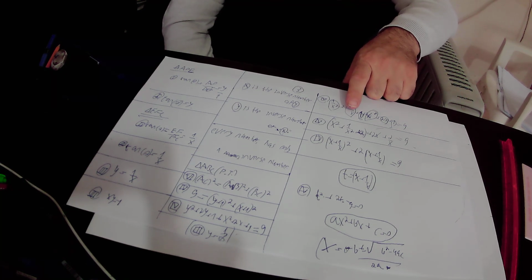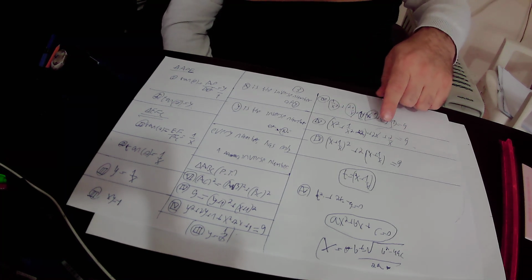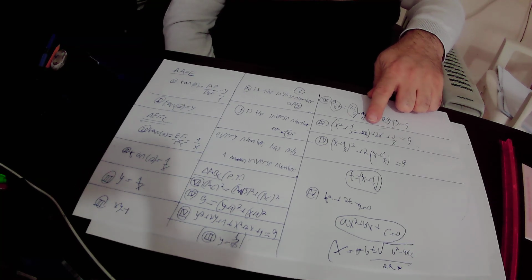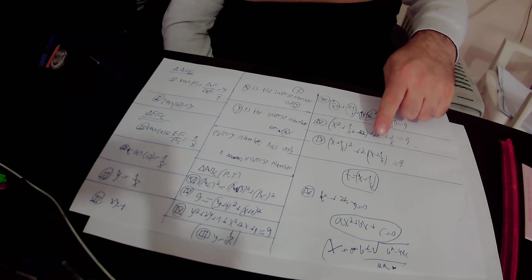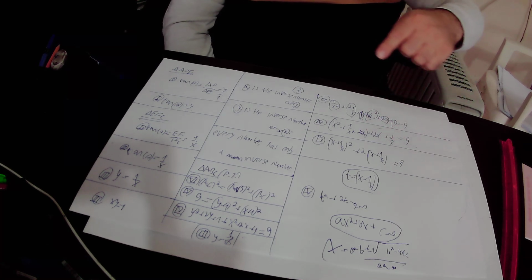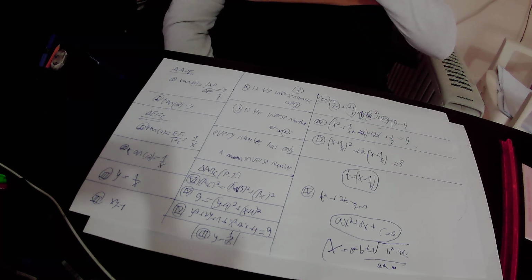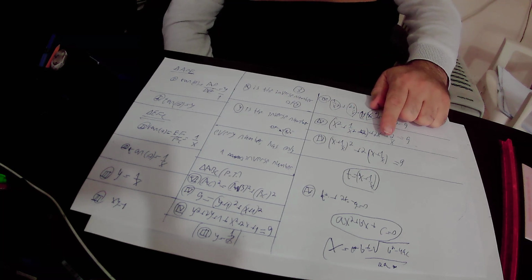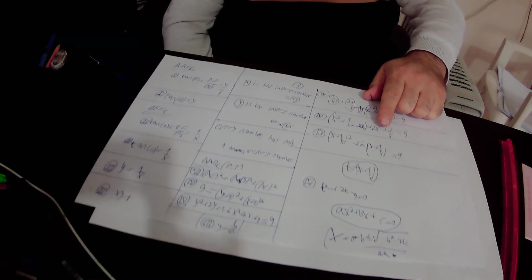The expression inside the brackets is (X plus 1 over X) squared, and here we took 2 as a common factor out of these two expressions, and we got inside the brackets X plus 1 over X, that equals 9. So in conclusion, according to equation number 4, (X plus 1 over X) squared plus 2 times (X plus 1 over X) equals 9.